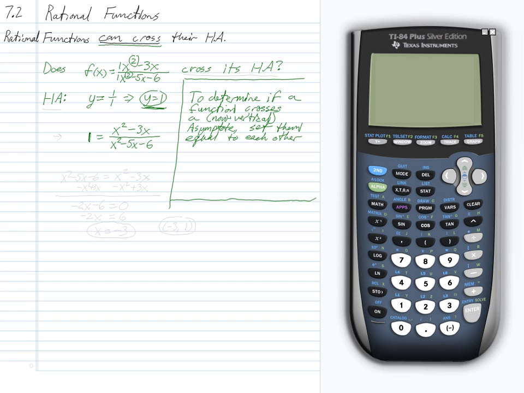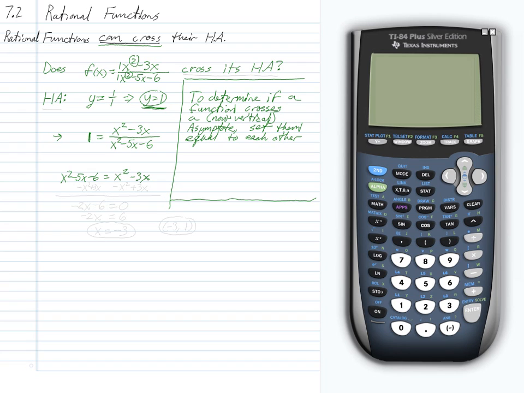So I set my function equal to its asymptote value, and then I'll try to solve. I'll see, is there some x value that makes this happen? Now, what I have here is a rational function that I need to solve, and I can do so by multiplying across by x squared minus 5x minus 6. So, is it ever the case that x squared minus 5x minus 6 equals x squared minus 3x?